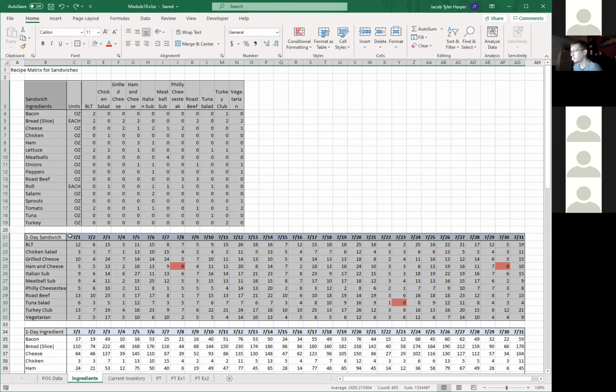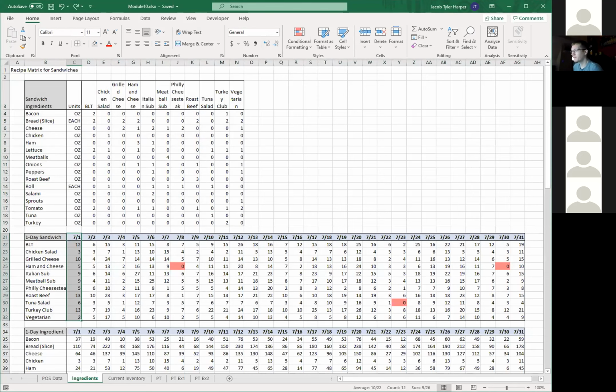Like for instance, if we know on July 1st, we ordered all of these sandwiches, we could then look up here to figure out how much bacon is required to fill all those sandwiches ordered on July 1st in order to figure out that it's 37 in that case.